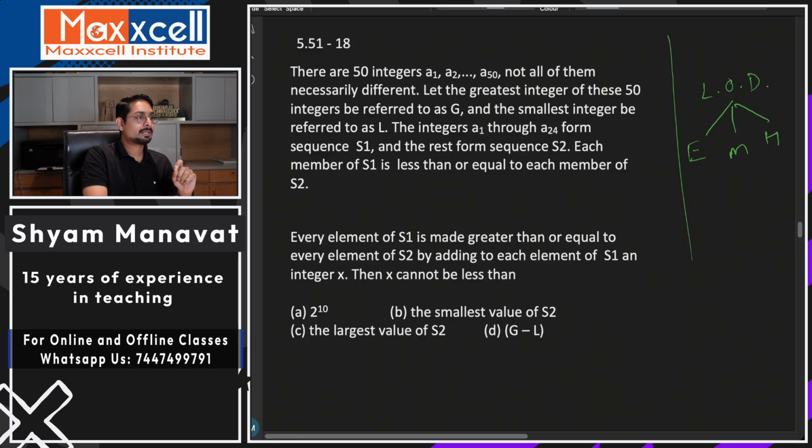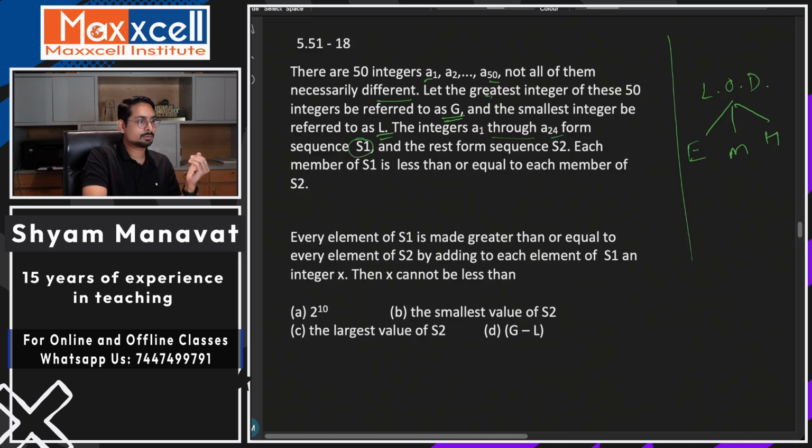The question says there are 50 integers, a1 to a50, not all of them necessarily different. That means there may be some numbers which are the same. Let the greatest integer out of these be G and the smallest be L. The integers a1 through a24 form sequence S1.